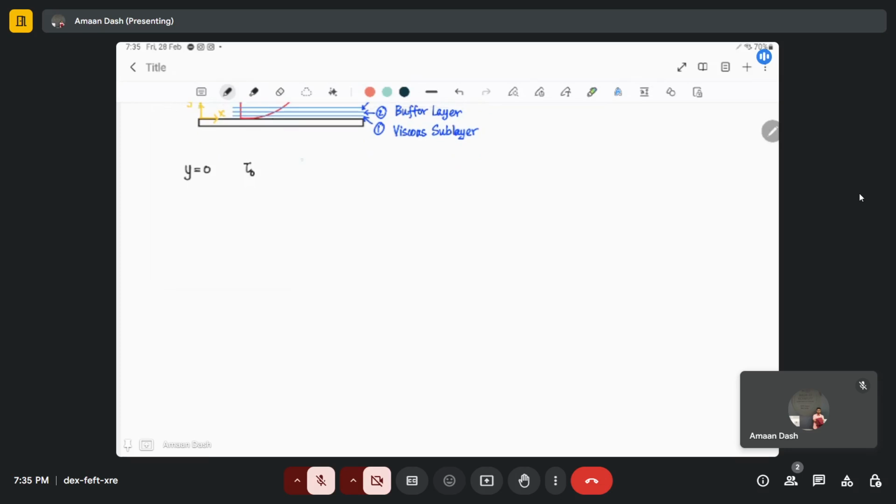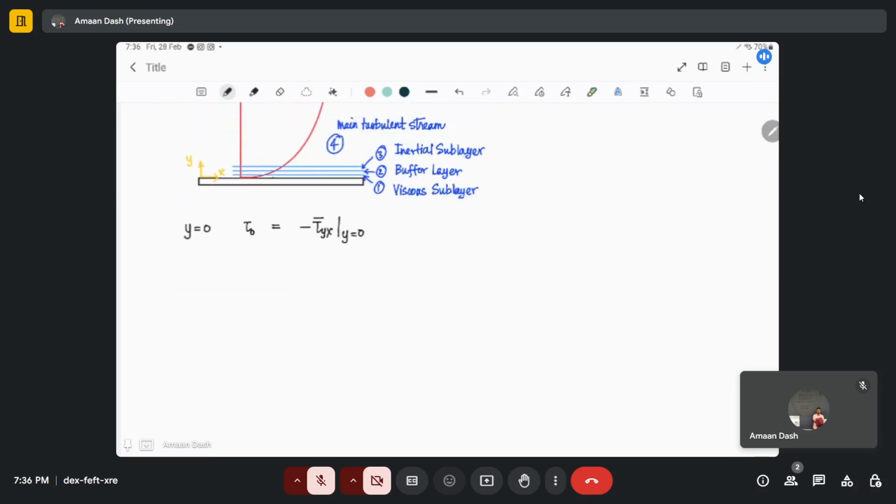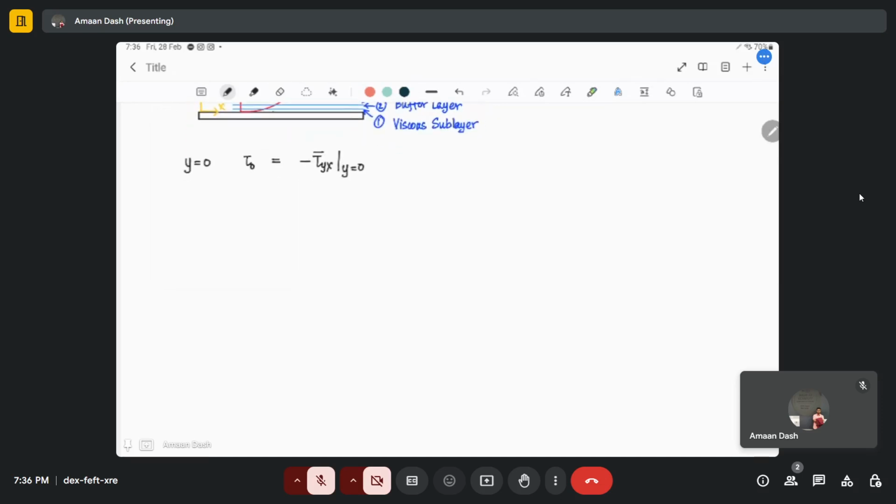Okay, so this is the same as if we write tau yx bar, because time smooth at y equal to 0. Same thing. Then the shear stress in the inertial sublayer will not be very different from the value of tau naught because it is a very small layer, right?